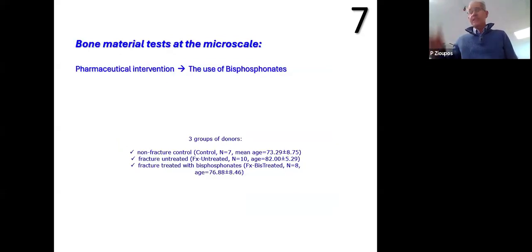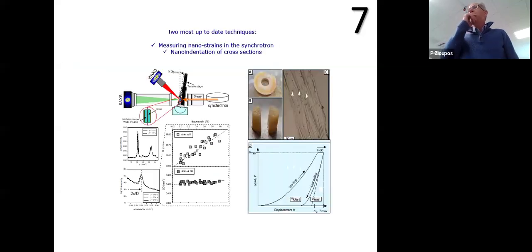And that will help me highlight another point in this lecture. The point is that the technology and what we make of bone, the 2 advance hand in hand. The more sophisticated and expensive the technology becomes, the more we can tell about bone. So here we use the 2 best kinds of material characterization technology that we know at the moment.